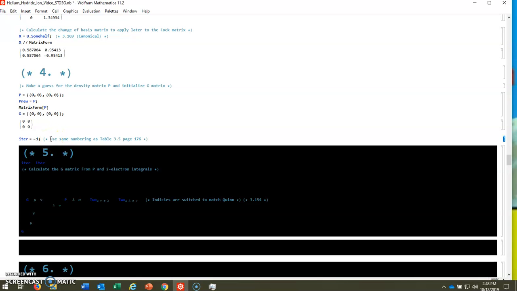It seemed kind of weird, but I wanted my numbers to be easy to compare with the numbers in the textbook. So if you have the Szabo and Ostlund text, turn to page 176 and look at table 3.5 as we run through a number of iterations, and you should see us close in on the converging electronic energy of the system.